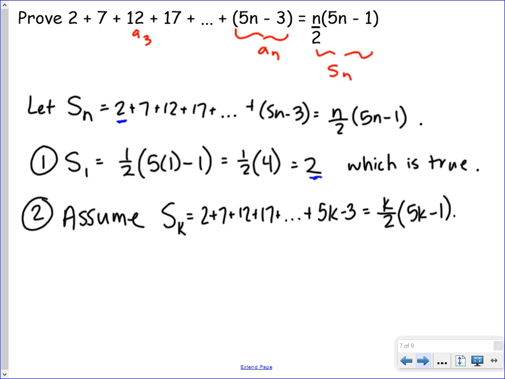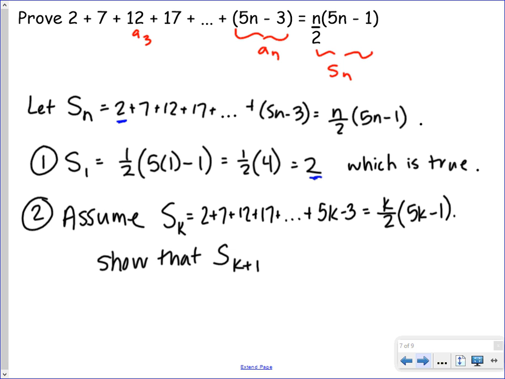We're now going to assume that it works for k. If we can show that it works for k plus 1, then we're creating that domino effect, where one knocks down the other. So how far am I going to go in my work? I've got to pick out that S sub k plus 1. This show that piece is what you did in your homework yesterday.